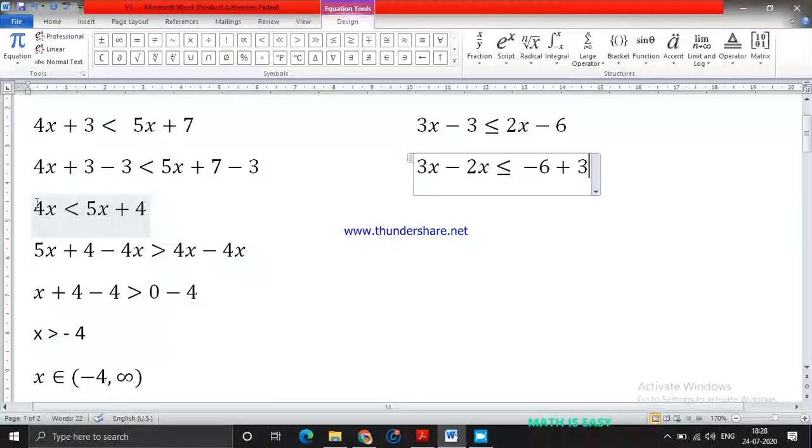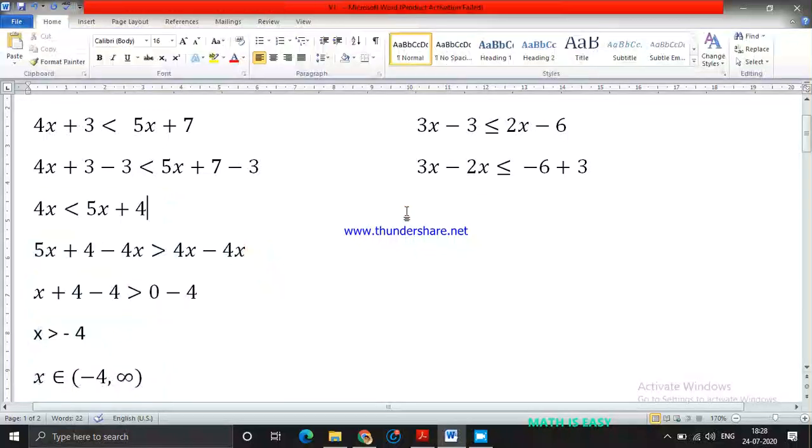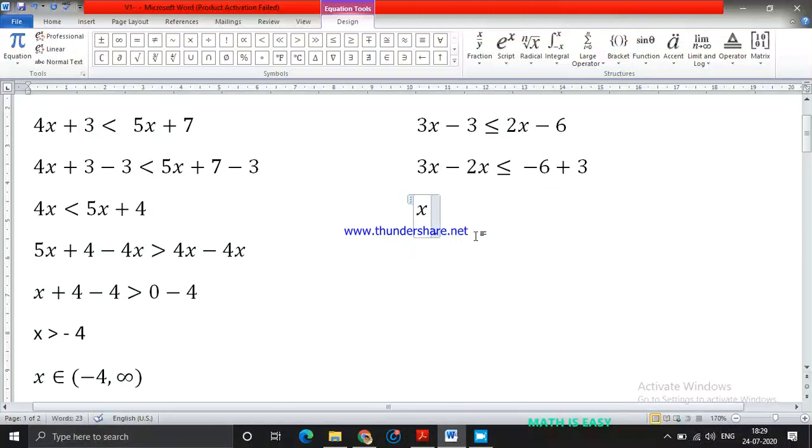The way we solve with an equality sign, the same way, but generally we have to solve this question by adding on both the sides every time. But for simplification purposes, we don't use all that. So we can write this here as 3x minus 2x is x, less than or equal to minus 3.